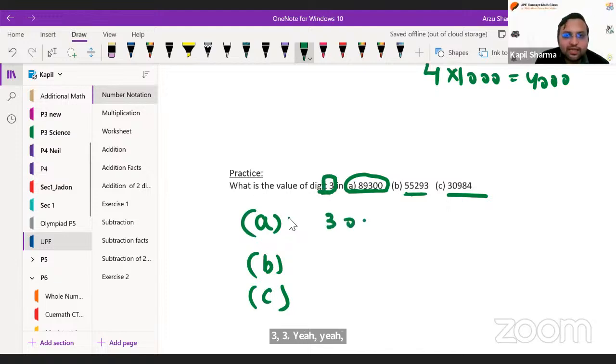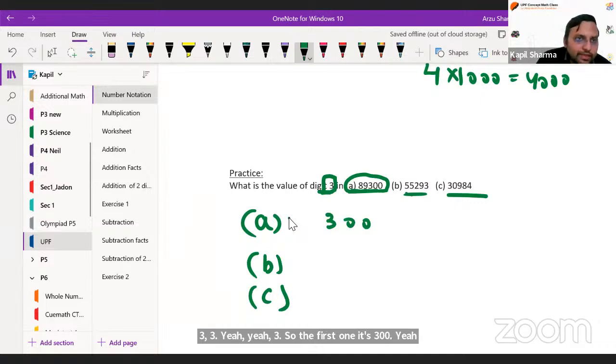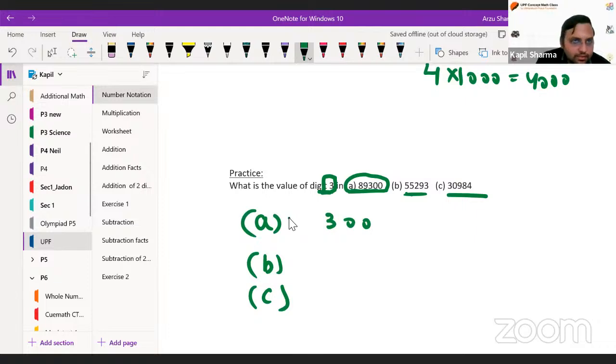So in the first one, it's 300. Okay, great.